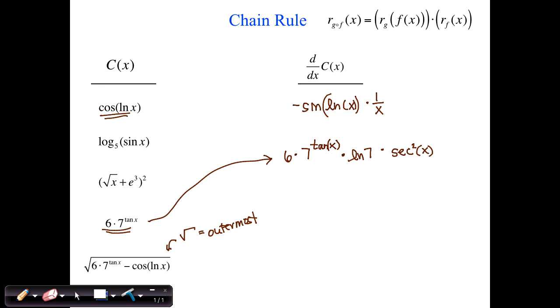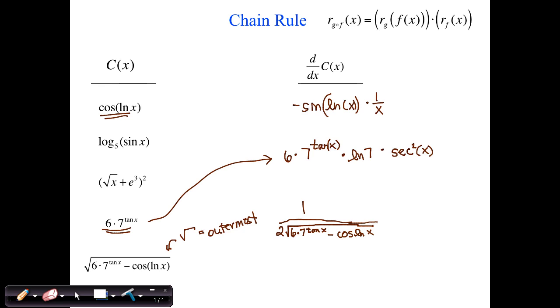So I'm going to start writing this up here. Square root function, I have 1 over 2 times the square root of x, if it was a square root of x to start with. I'm going to have 1 over 2 times the square root of the same exact stuff, 6 times 7 to the tangent x, minus cosine of natural log of x.